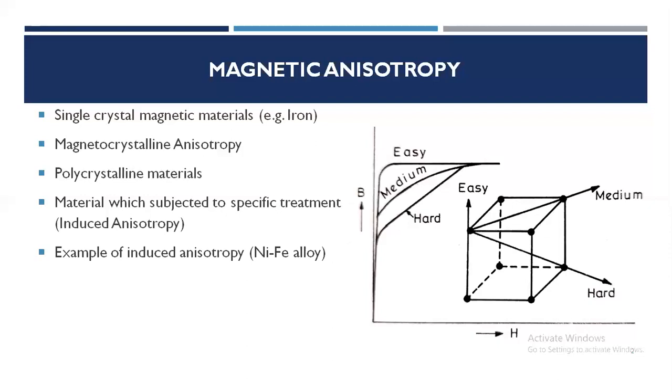If you combine nickel and iron to form an alloy, the film of that alloy shows induced anisotropy. This is the best example of induced anisotropy.